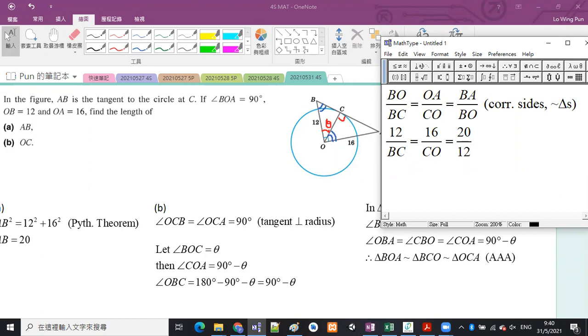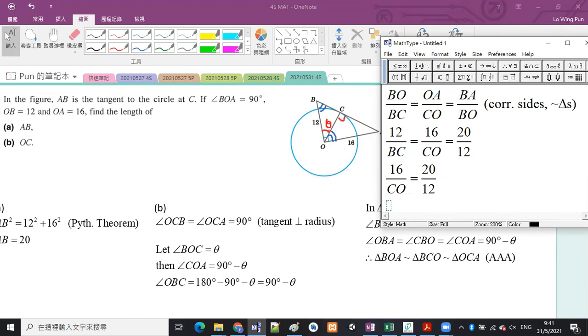Okay, so I just choose the middle column and the column on the right, and then I can find OC.